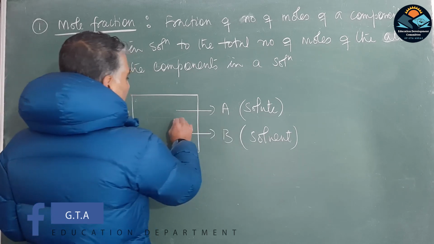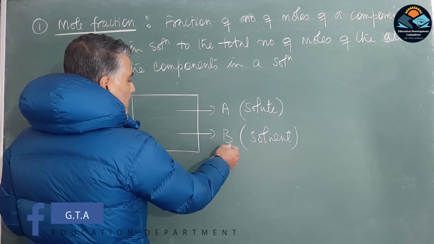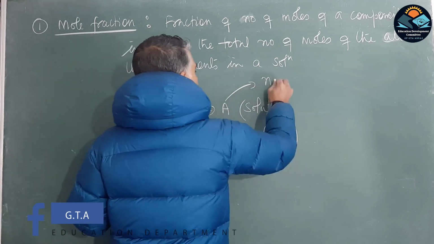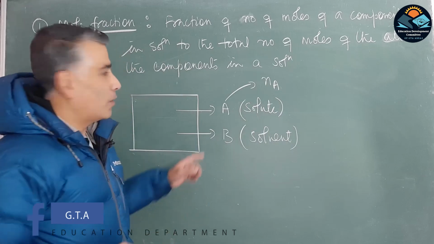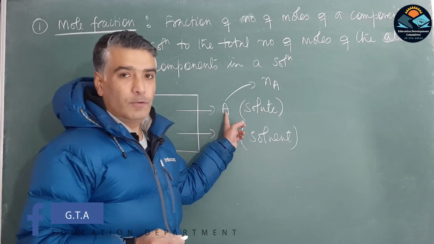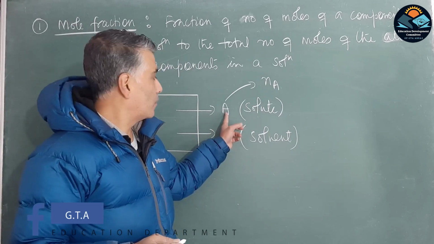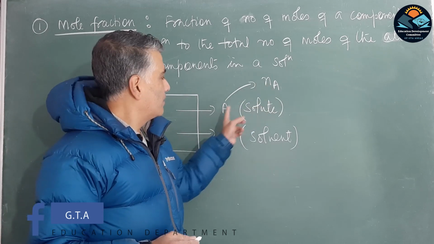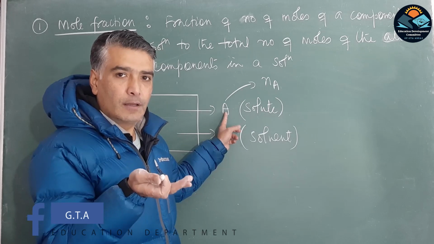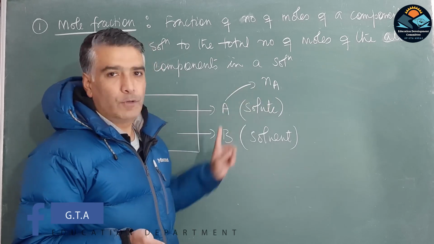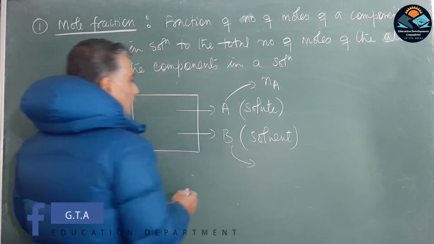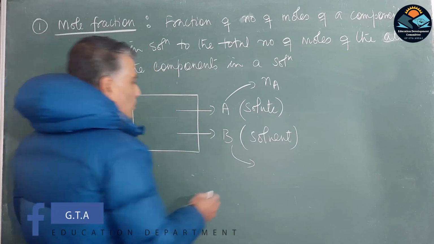While taking A and B to prepare this solution, let's say the number of moles of A is Na. Do you know how to find the number of moles of A? I think you remember the formula which we earlier discussed. How do you find the number of moles of anything? When you divide the mass of A that you take by the molecular mass of A, you get the number of moles of A. In the same manner, you can also find out how many moles of B you are taking.